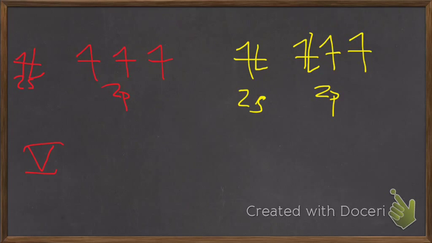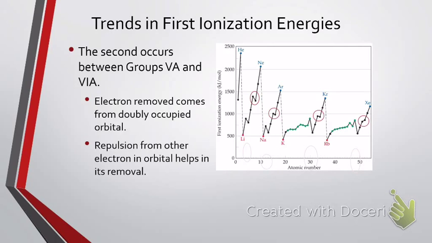So it just goes, oh, whoops, I forgot to put that this was 6A. It goes and it just loses the 1 electron that I'm going to highlight here. That electron will disappear, and now you've got a cation. So the electron that's removed comes from a doubly occupied orbital, and the repulsion from the other electron makes its removal a little easier.